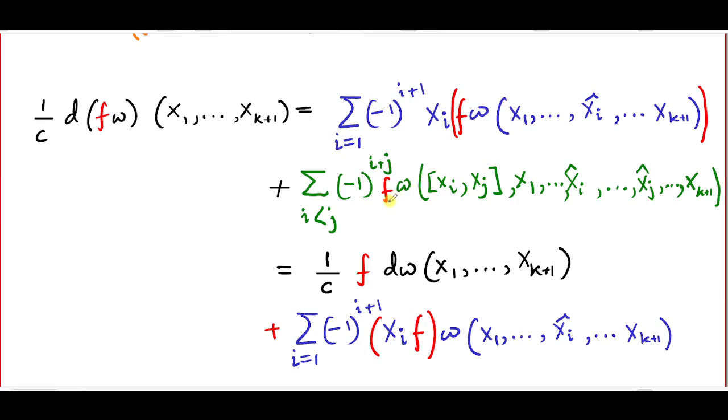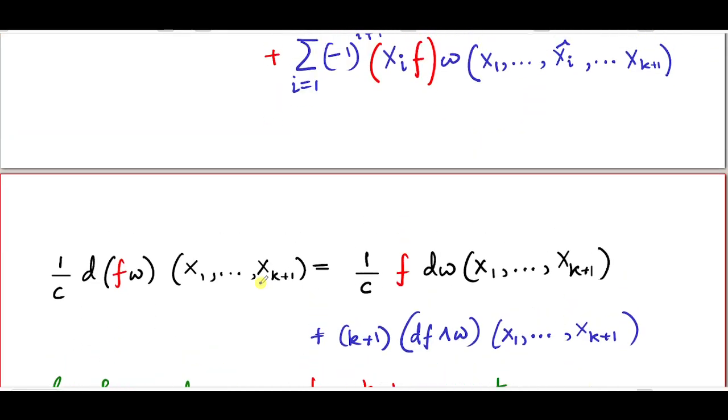Now, here of course you have an overall f factor for the whole sum. Here xi is going to act on f times a function. So what you get is f times xi acting on the function plus an additional piece. So if you take the f times xi acting on the function plus this, you do get f times d omega x1 through xk plus 1, of course with a 1 by c from the definition itself. But you also get this additional piece.